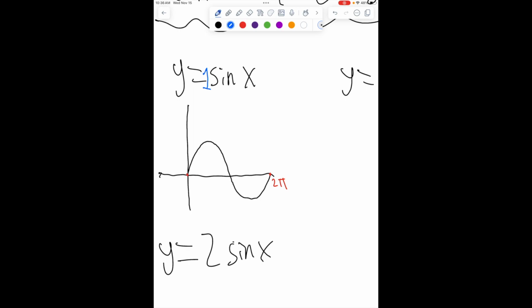Now, our amplitude we already identified was 1. So we're going to call this 1, and then it goes down here at -1. So as my graph moves this way, I go up to a height of 1, I go down to a height of -1, and when I get back to where it would start repeating, it is 2 pi.